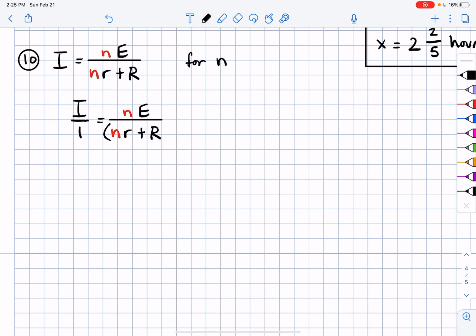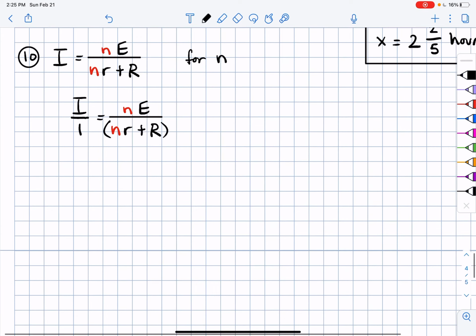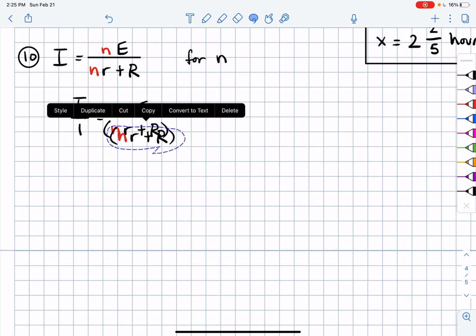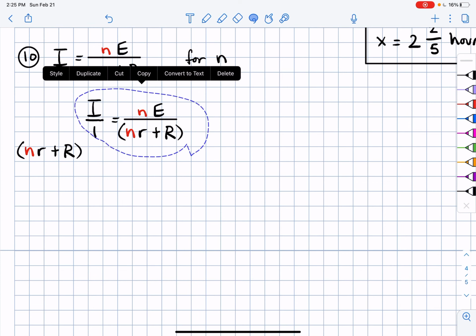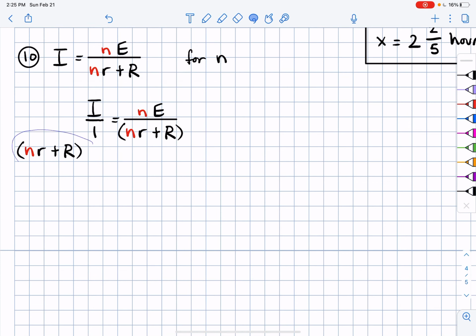Since there should be parentheses over that anyway, the one on the left doesn't have this piece right here. So this one doesn't have this piece here.